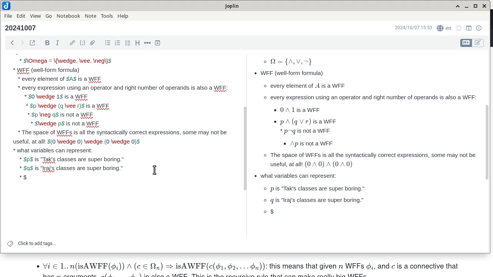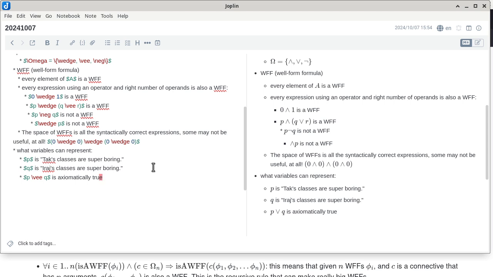We can make this funny, and say P or Q is axiomatically true. In other words, I'm not going to tell you whether tax classes are boring, or whether Iraj's classes are boring. I'm just telling you axiomatically, don't ask me why, that's the truth of this particular universe: P or Q is true.